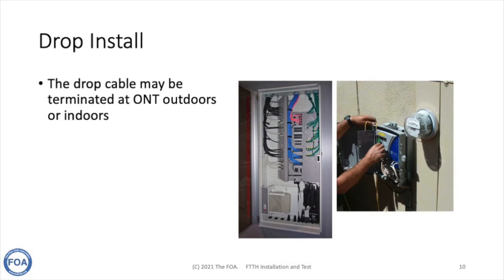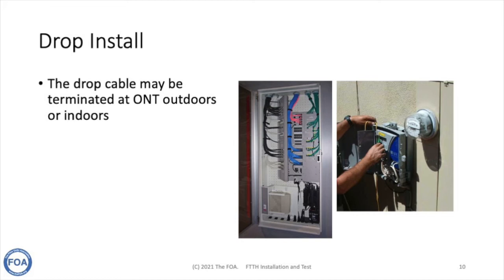From the ONT, the tech has to run a coaxial cable for television service, if that's required, a twisted pair cable for Ethernet internet connection, and perhaps even twisted pair phone lines for phone service.